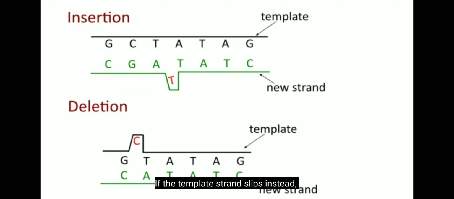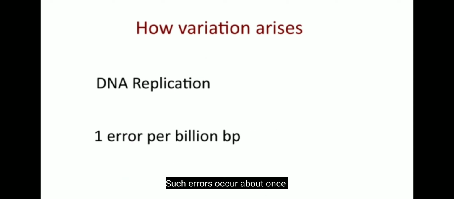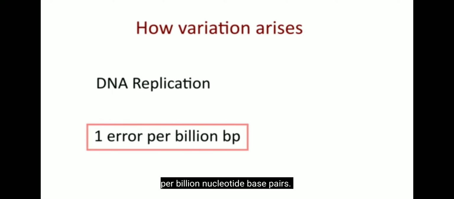If the template strand slips instead, there may be a missing nucleotide. This is a deletion. Such errors occur about once per billion nucleotide base pairs. This may seem accurate, but we have 6 billion nucleotide base pairs. Every time a cell divides and DNA is copied, an average of 3 errors are introduced.